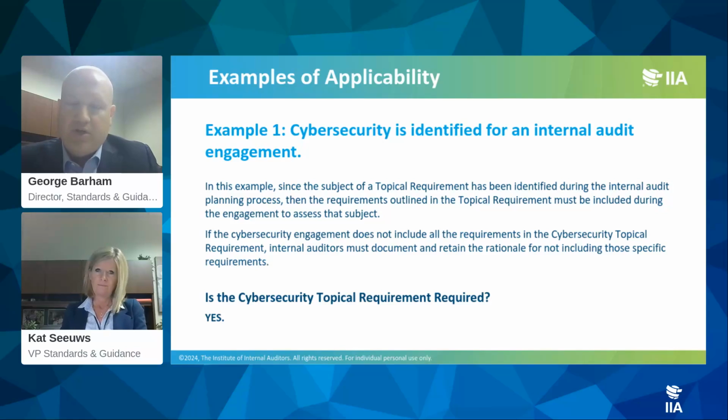And typically, when an internal audit plan is created on an annual basis, you will look at the higher risk items, right? Have limited resources, you want to be sure you're tackling the higher risk items. In this instance, if you're going through that process and you have identified cybersecurity from a risk standpoint that you want to execute an audit on, then it's pretty simple. Yes, this topical requirement on cybersecurity would be required. I think that's pretty straightforward.